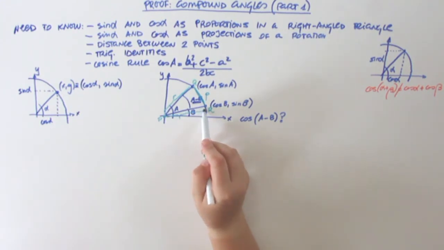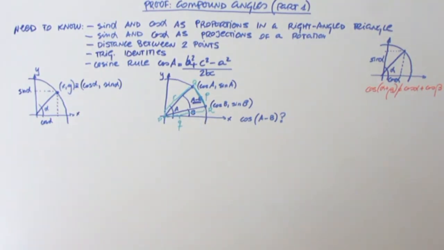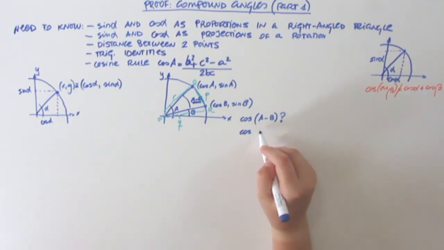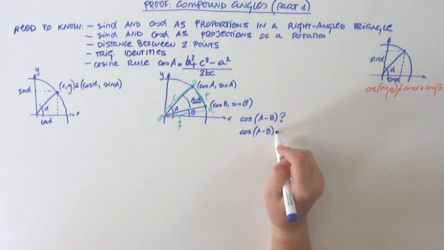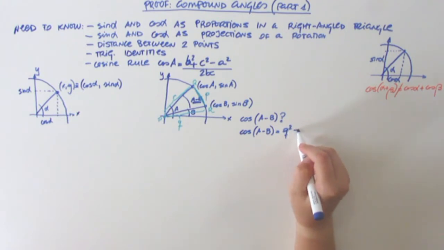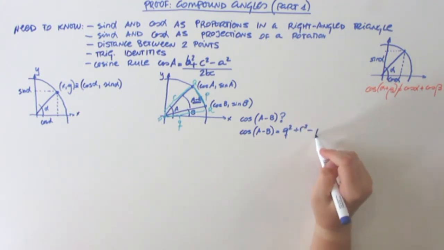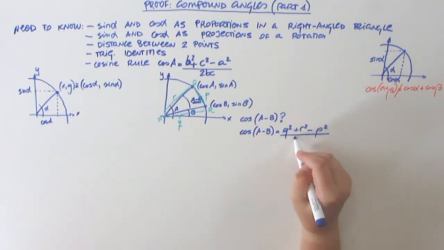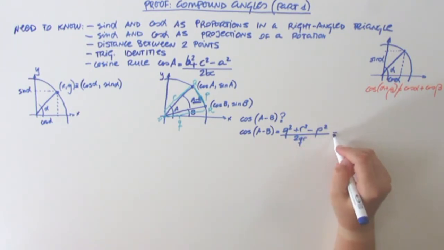The other 2 lengths of the triangle are Q and R because we match the points with the naming, and I can substitute in the cosine formula, which in our case is Q squared plus R squared minus P squared over 2RQ. Now, those 2 lengths are a unit each because they are within the goniometric circumference.